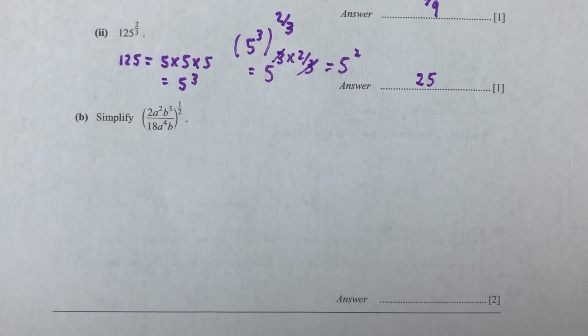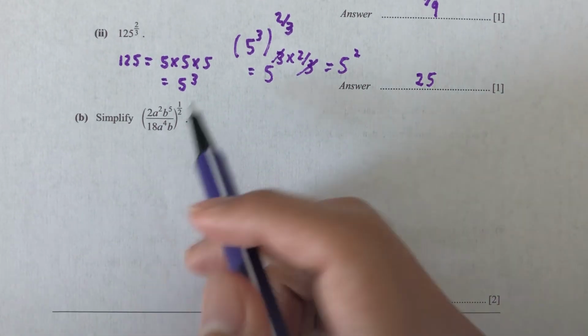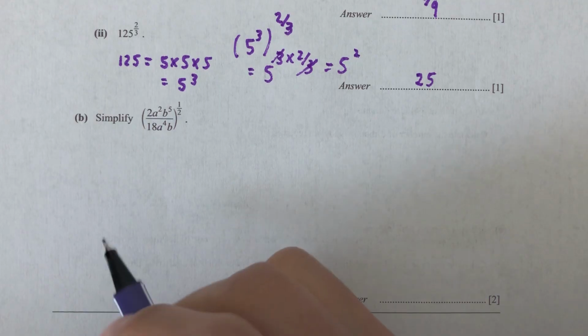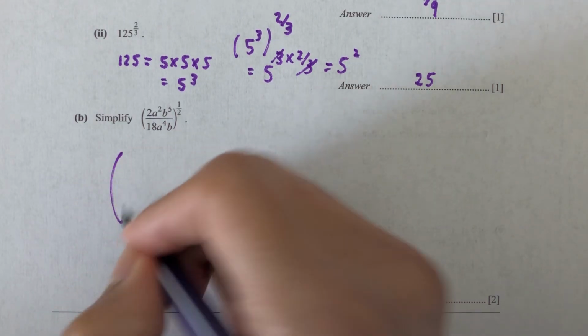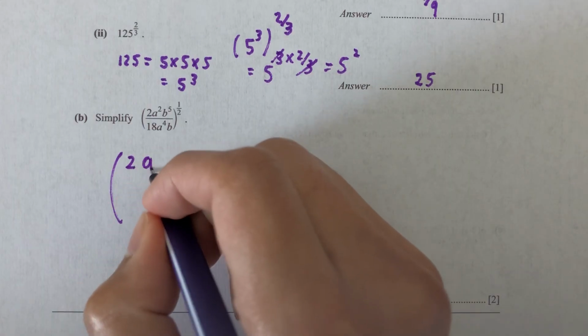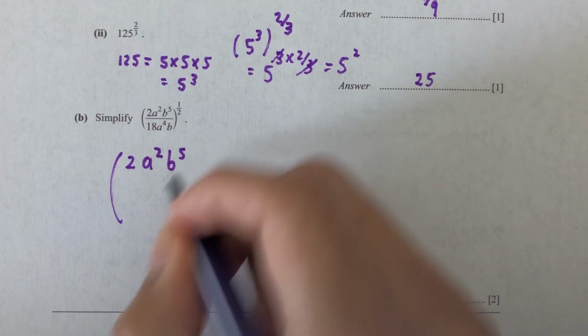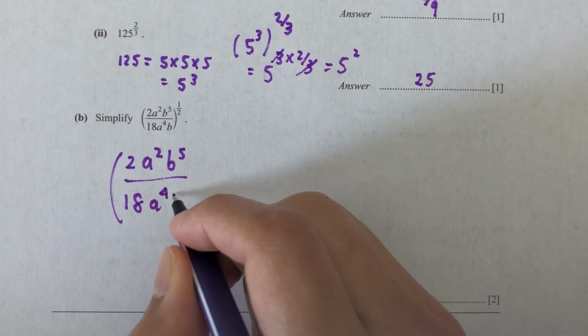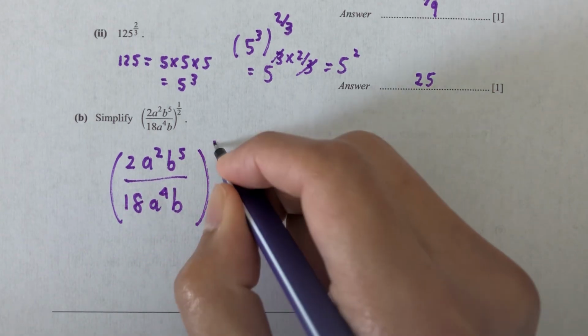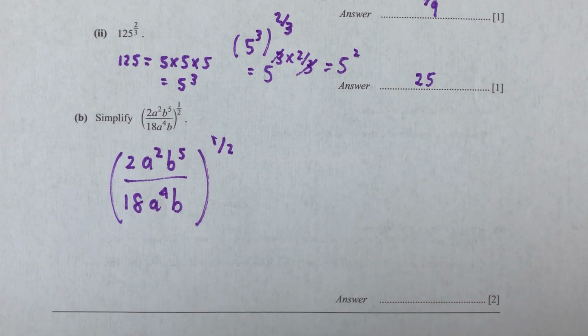Moving on to part B, we have to simplify this whole fraction. Let's say we have 2a squared b to the 5 over 18a to the 4 and b to the power of half. Let's simplify.